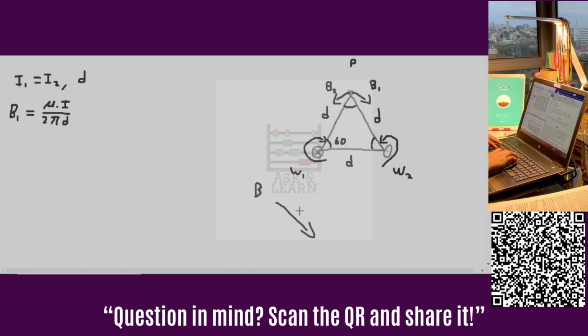Now, what we know here is that the line from the wire is at 60 degrees from the horizontal. So this angle is 60.